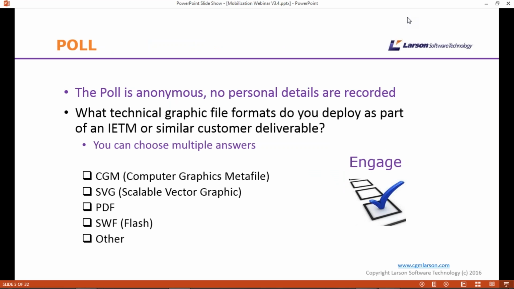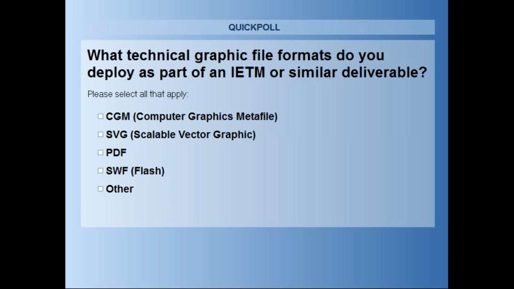As Don just said, we want to really start with a poll. There is only one, so I'm just going to launch that now. You can see that it is anonymous, and Don mentioned that as well. So I'm just going to launch the poll, and please participate. You can put tick boxes in as many as you like, so it's not one choice.